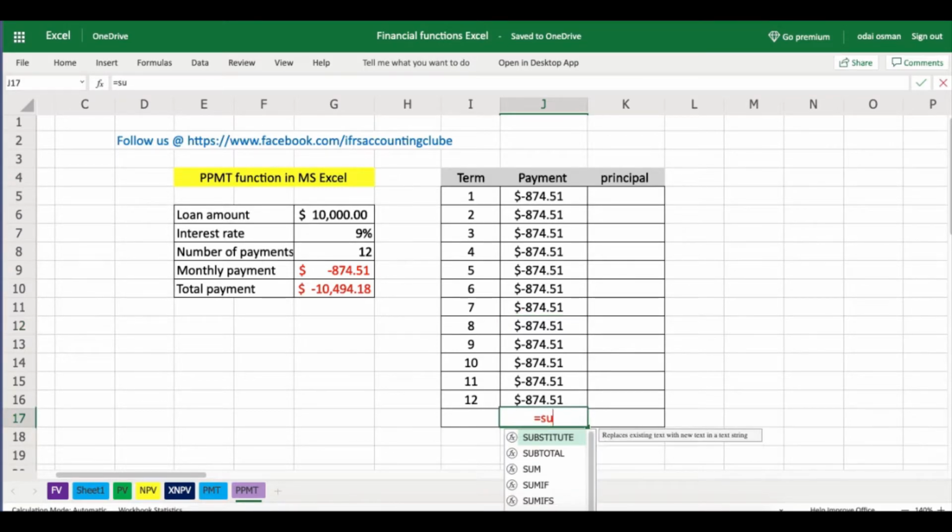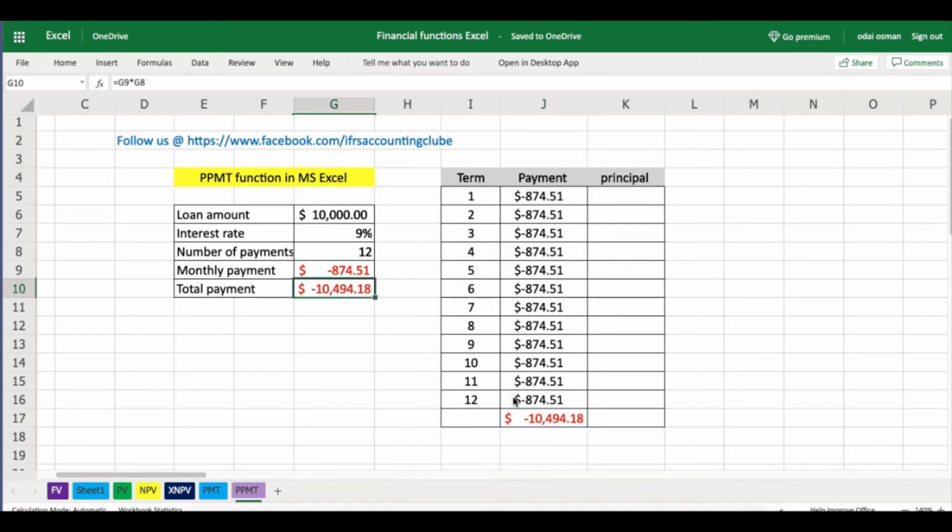The total payment would give us equal sum from period 1 up to the 12th, the last period, which gives us the total of 10,494, the same amount as the total payment we calculated earlier.